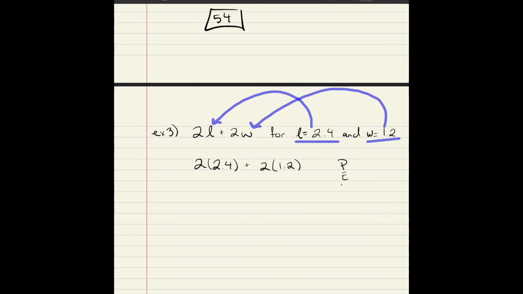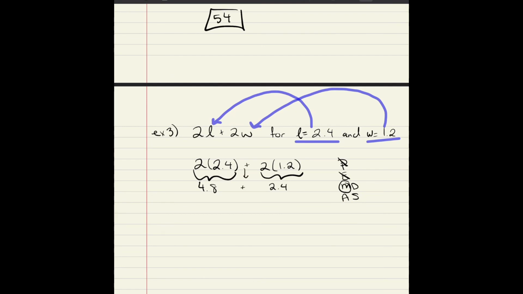Now I can just use PEMDAS to solve. So I don't have any parentheses, don't have exponents, I have multiplication. So 2 times 2.4 gives me 4.8, and 2 times 1.2 gives me 2.4.